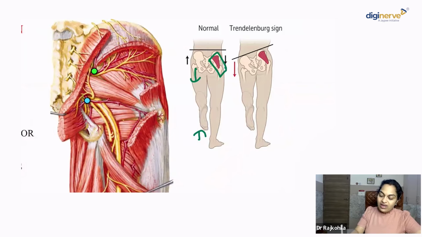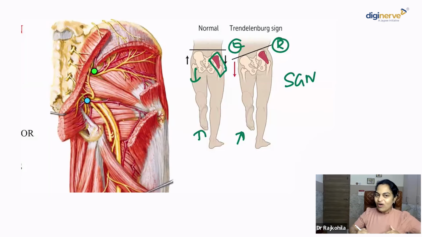So, if my left leg is raised, my right glutei medii minimi are contracting to steady the pelvis on the left side. If there is injury to the superior gluteal nerve on the right, there is paralysis of the glutei medius and minimus on the right side. The pelvis will sink on the left. Okay, so this is again a high yield topic.